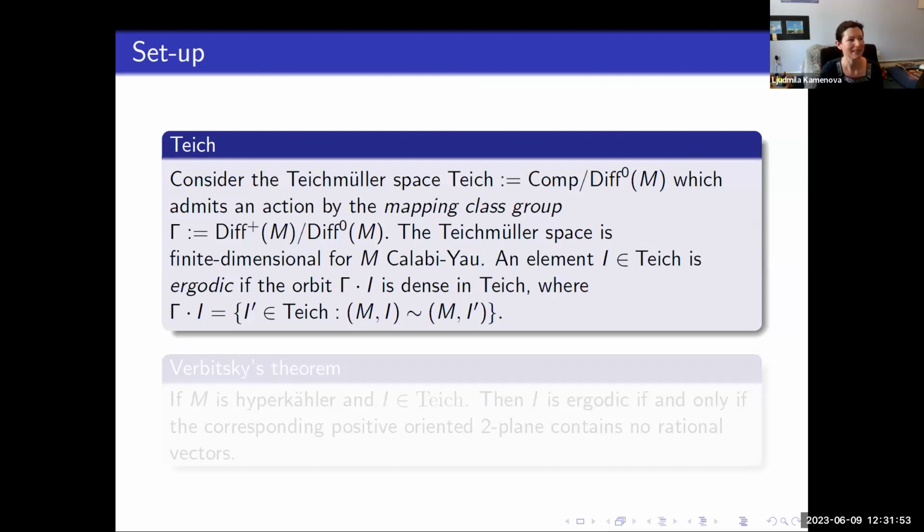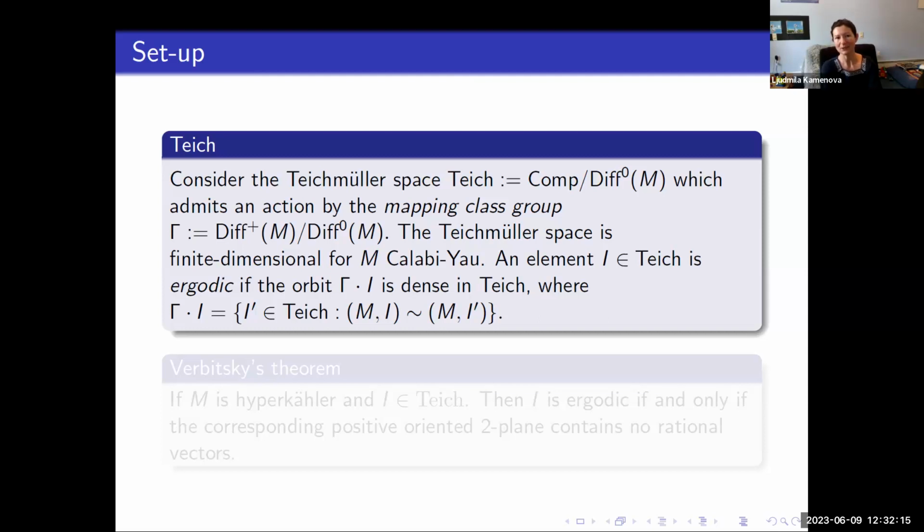So I promised to say a few words about Torelli theorems for hyperkählers, because that's the reason people were thinking about the Beauville-Bogomolov-Fujiki quadratic form.